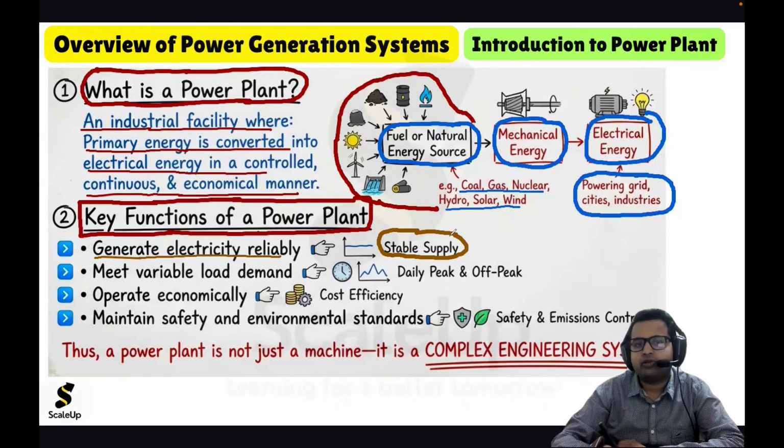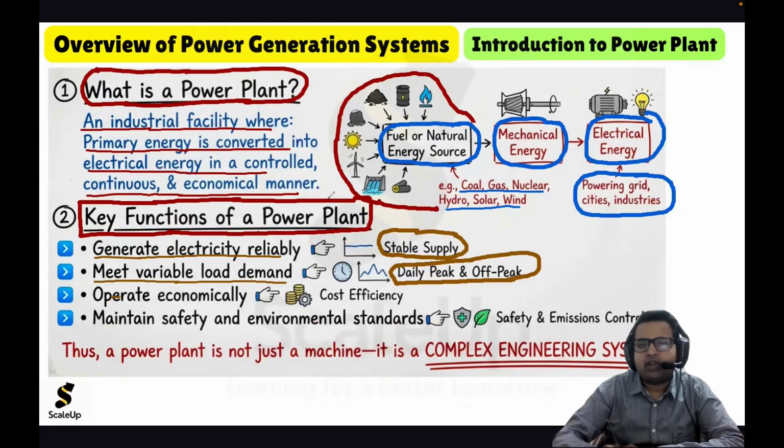Because of power plants, they ensure reliable electricity generation and meet variable load demand. There may be daily peak and off peak scenarios, and power plants can handle that. They also operate economically.